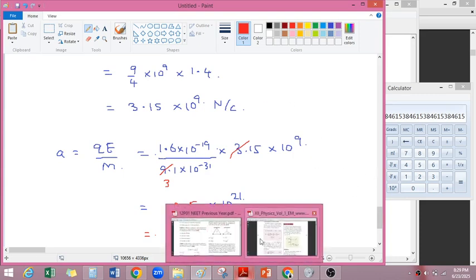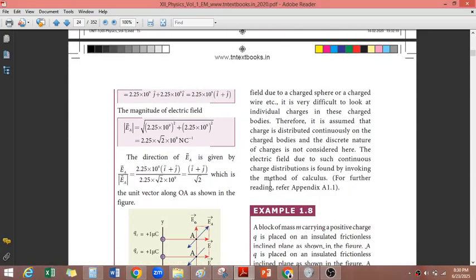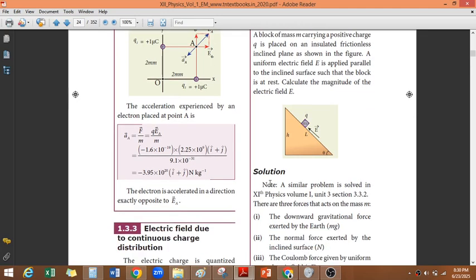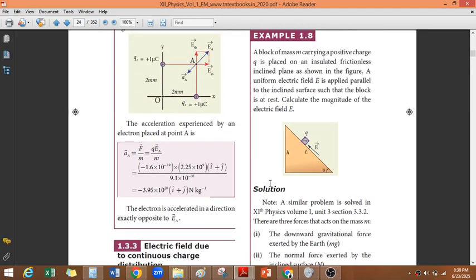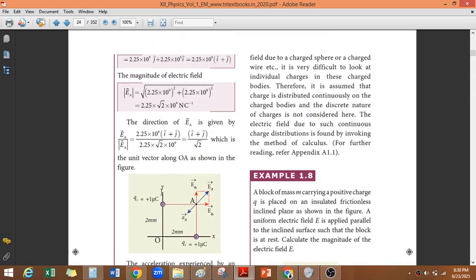Let's check our book answer. I have calculated the magnitude, they have calculated the vector. Okay, let's see. I plus j, electric field.